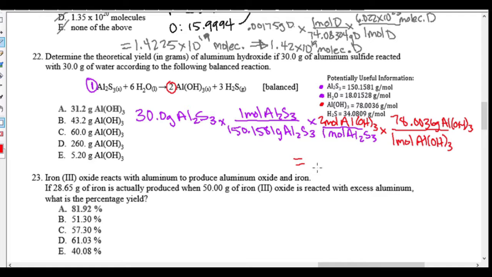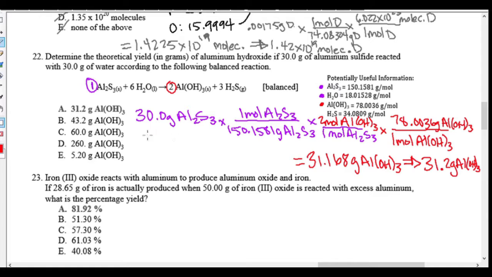And when you do the math on this, you get 31.168 grams of AlOH3, which to the correct number of sig figs is 31.2 grams of AlOH3. Now you can go through and do the math.